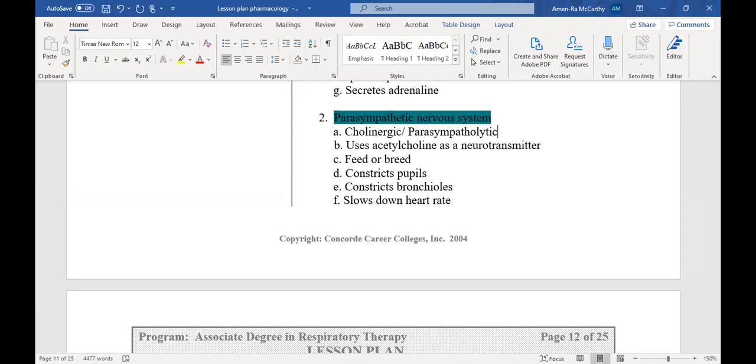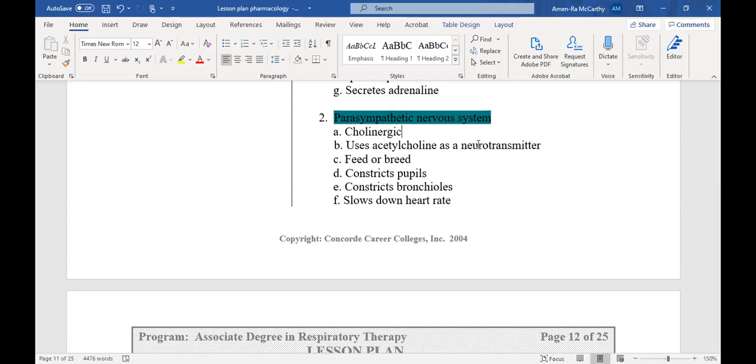Well, no, don't write parasympatholytic yet because I don't want to confuse you. The parasympathetic side is the cholinergic side, okay? Parasympathetic, AKA cholinergic. That's what you need to know for parasympathetic, because you're going to see this is what we don't want to happen, okay? And so you'll see why I erased that in a minute. So the parasympathetic nervous system, guys, is also known as the cholinergic response. What happens during the cholinergic response? Well, that's the feed or breed, right?